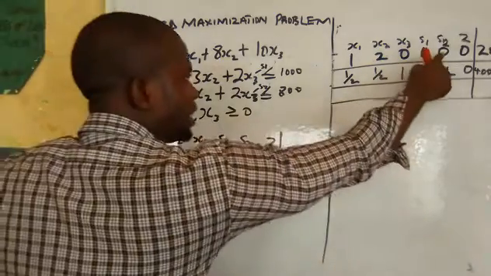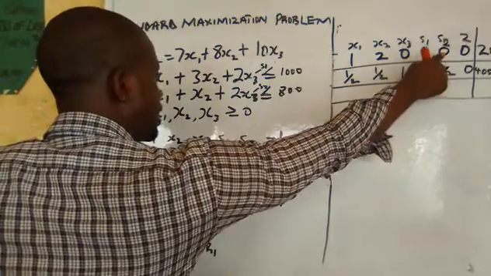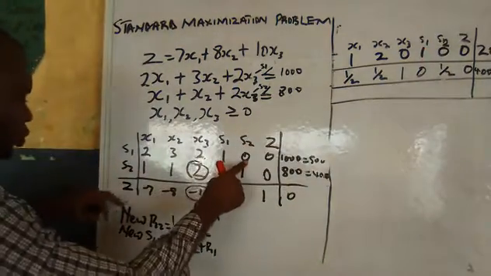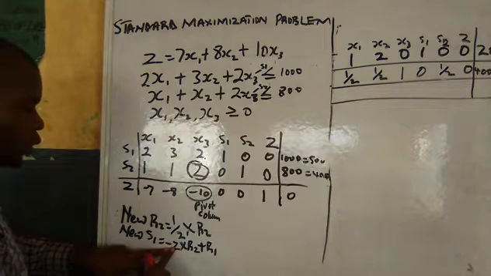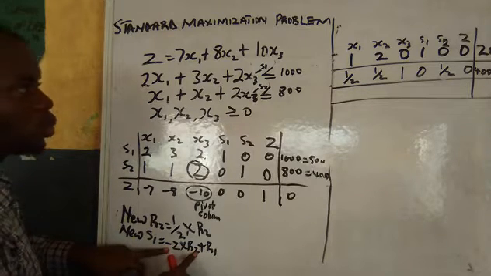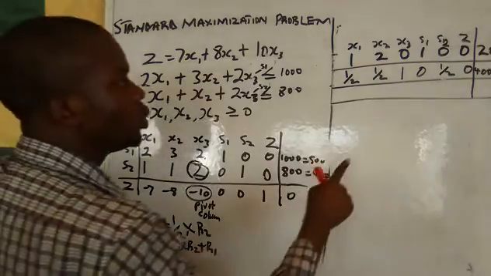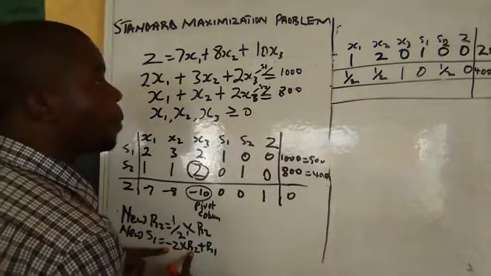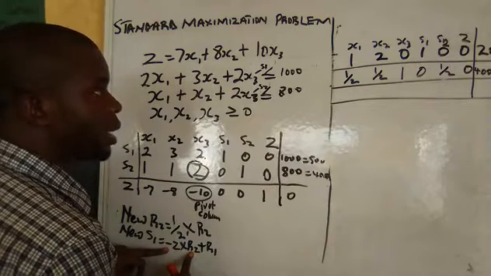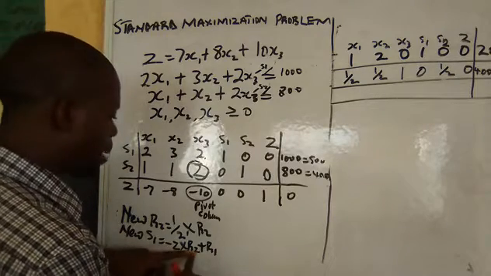Let me check this again. For the S2, minus 2 times R2. Our R2 is here. This minus 2 times R2, which is minus 1, right? Minus 1 plus 0 is going to be minus 1.